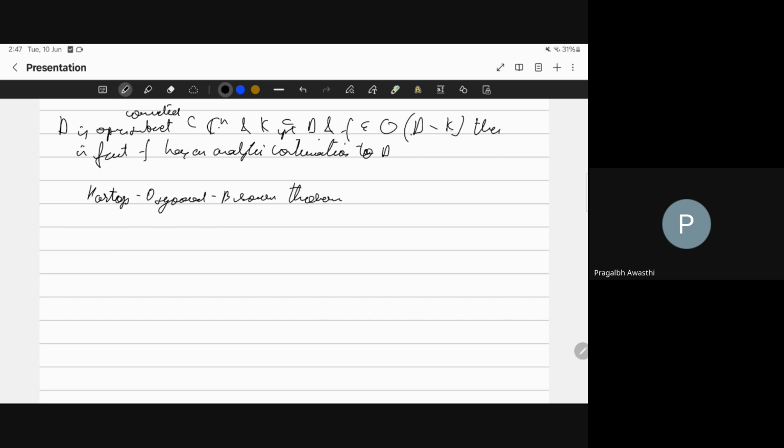So these three theorems give some very interesting aspects of analytic continuation in the several variable case.